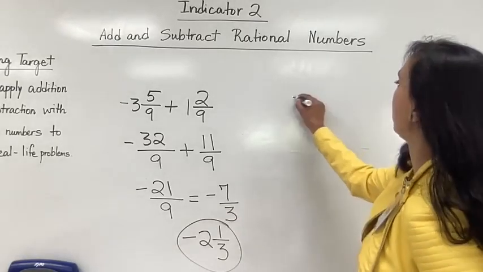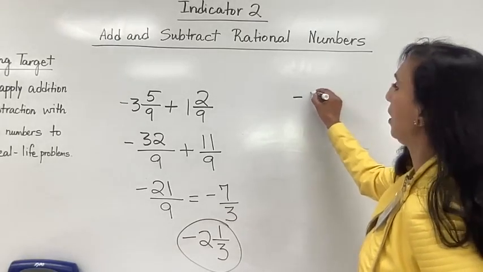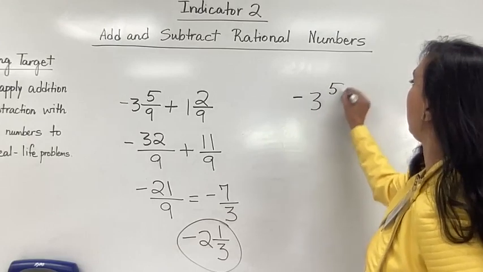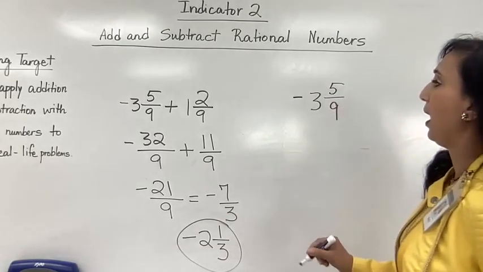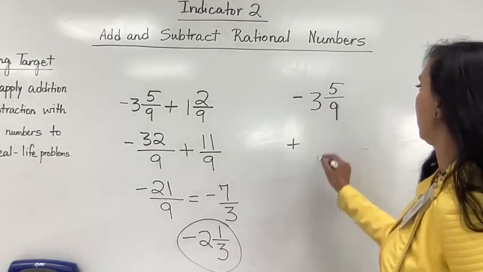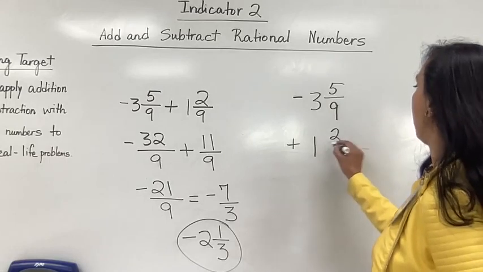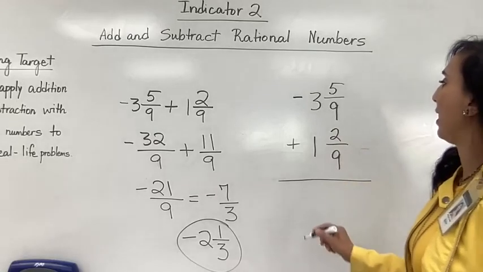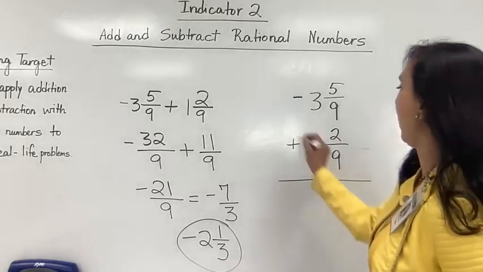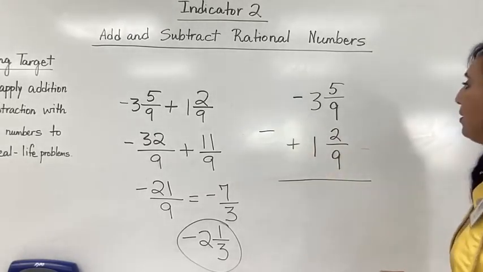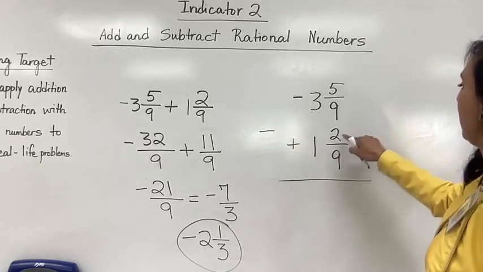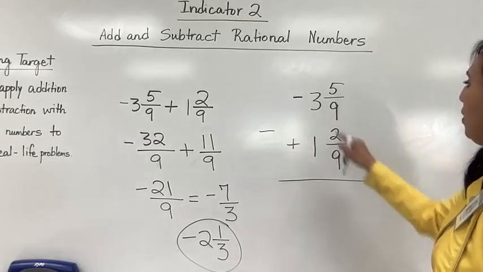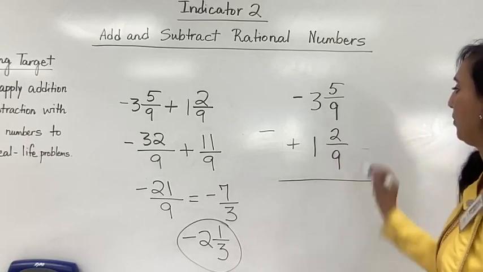So I'm just going to put negative 3 and 5/9, okay, and then I have plus 1 and 2/9, okay. So since they're opposite signs, I am going to subtract. I can take away 2 from 5, and then I can take away 1 from 3.